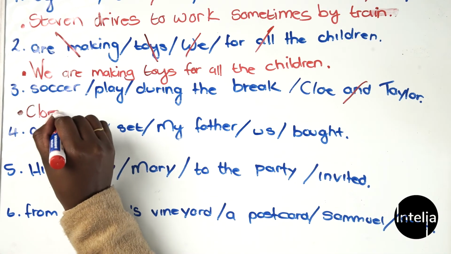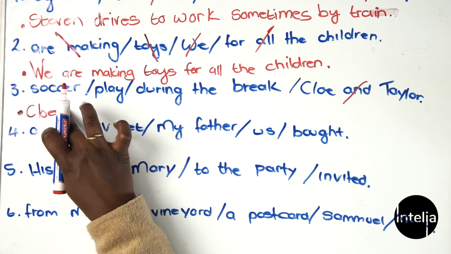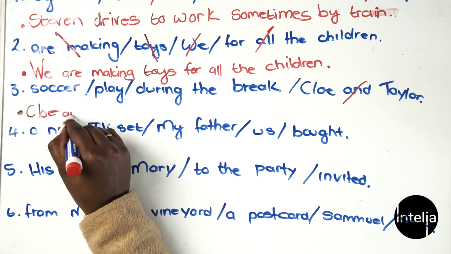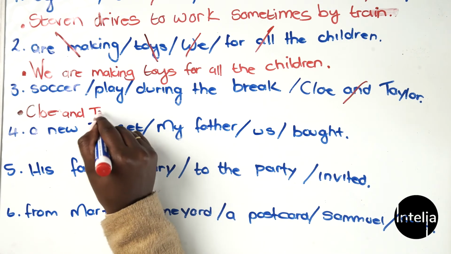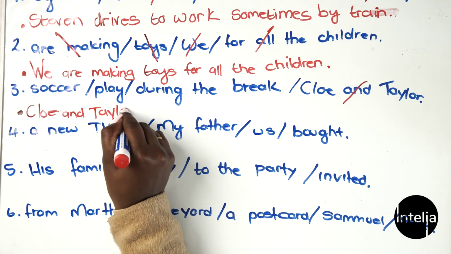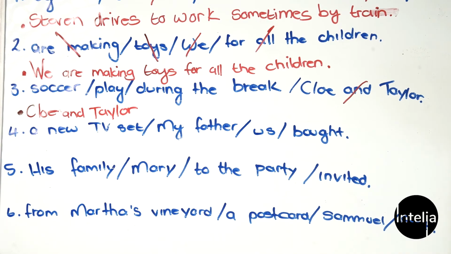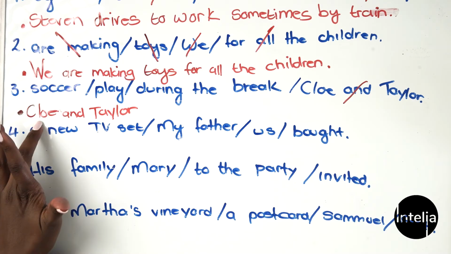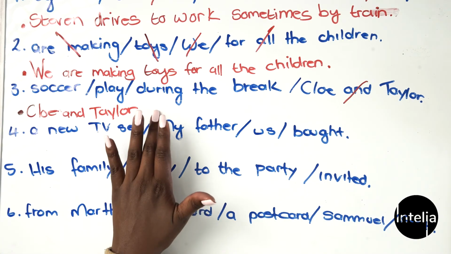So we're gonna have Chloe and Taylor. Taylor is also in capital. It starts with a capital. Why? Because it is the name of a person. Awesome. Now we need our verb. We have our subject. Now we need our verb.